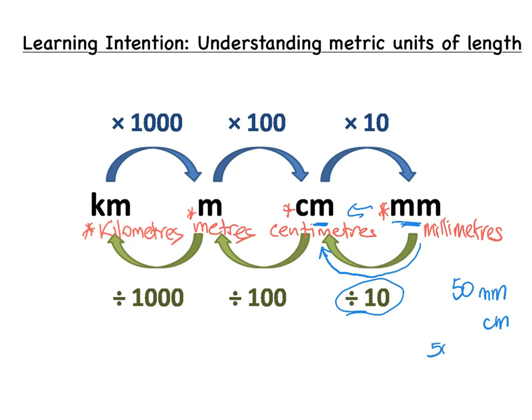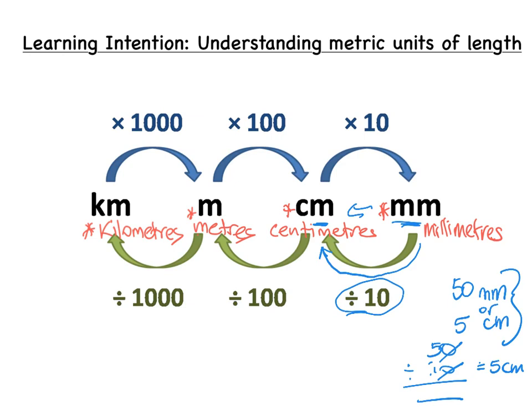So in this case, it would be 50 divided by 10. So now that equals 5 centimeters, because 5 divided by 1 is 5. So the same length can be expressed as 50 millimeters or 5 centimeters.